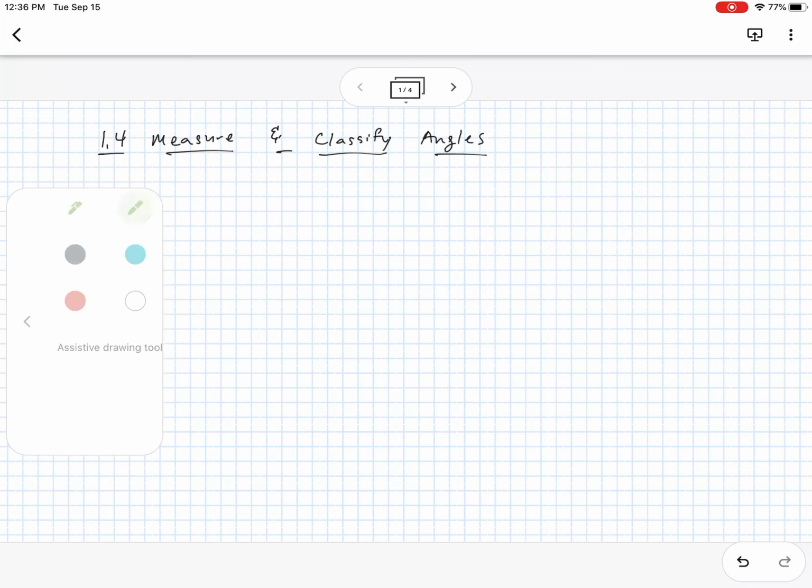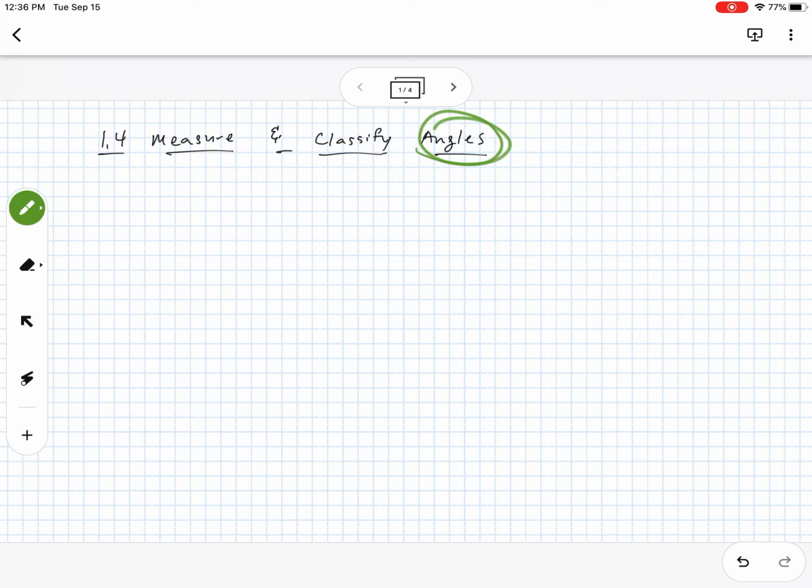Now I don't know if you've heard of this term before, but just as an intro, we are going to start by drawing some angles. Okay, so draw an angle and analyze its building blocks.